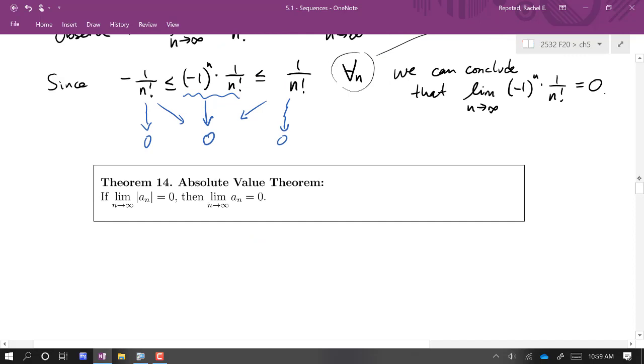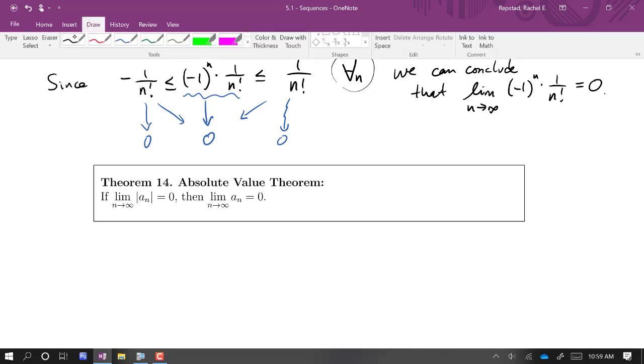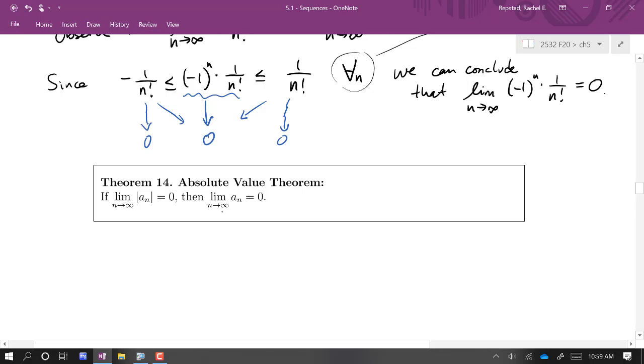Next, we have the absolute value theorem. If you have a sequence and the limit of the absolute values of the terms in the sequence approaches 0, then the sequence itself has to approach 0. There's no other option, right? That's only true for 0.